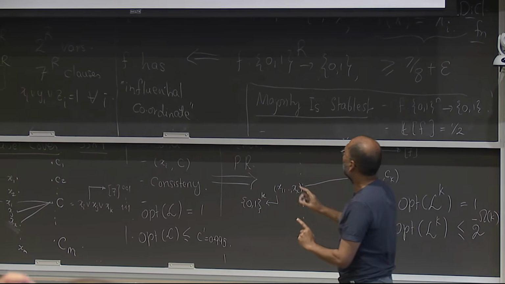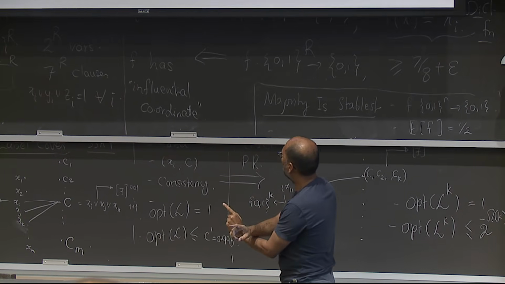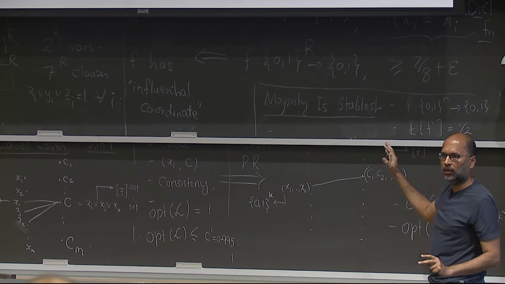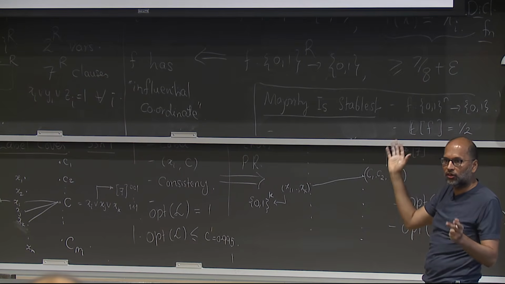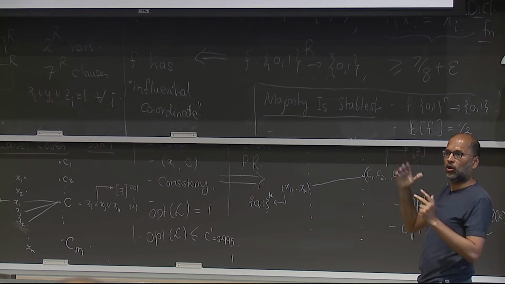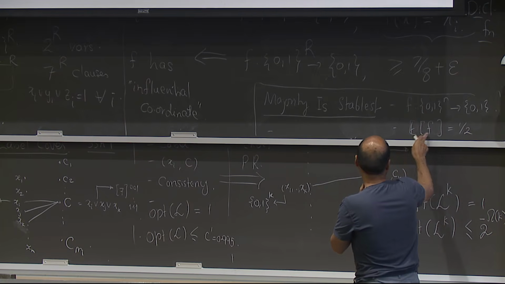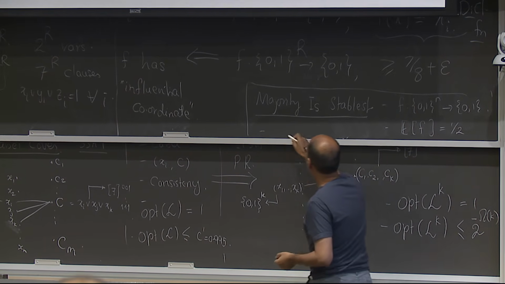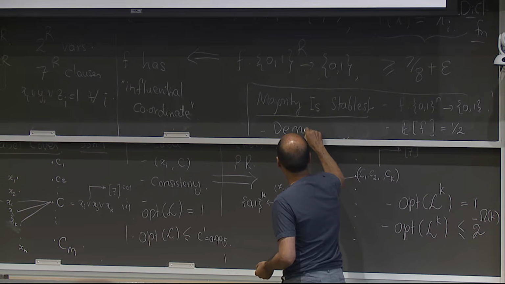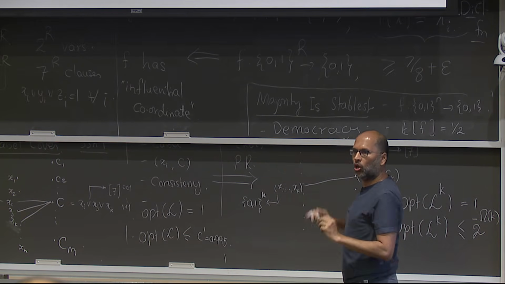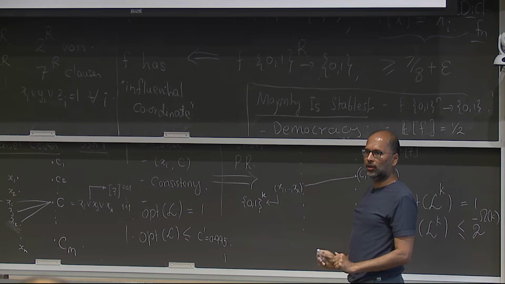So in some sense, functions which do not have influential coordinates are functions which are far from being dictators, right? Think of democracies. So your function has to be a democracy. If you have a function which is, let's say, balanced and it's a democracy, then among such functions, majority is the function which is most noise stable.